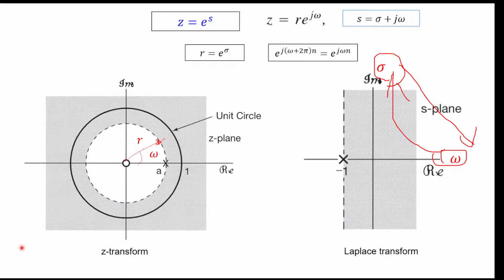And an important thing here is that omega now goes from only 0 to 2 pi, because omega comes in a circle, right? And this is an important feature that we keep talking about. That is, when your signal is discrete time.